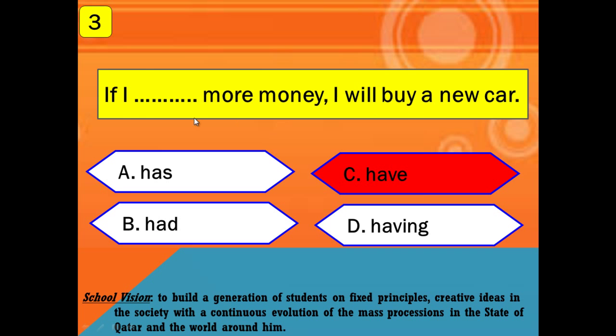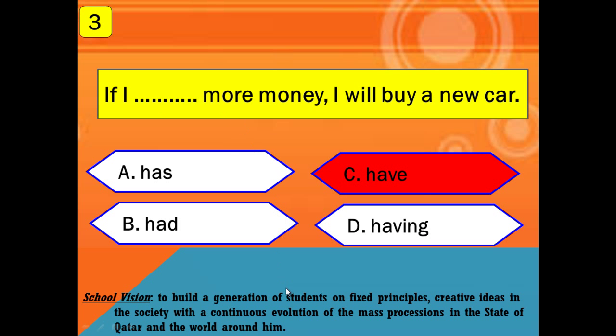Will buy, future simple, so we must have present simple tense here. The correct answer here is have. We use has if we say here he or she.